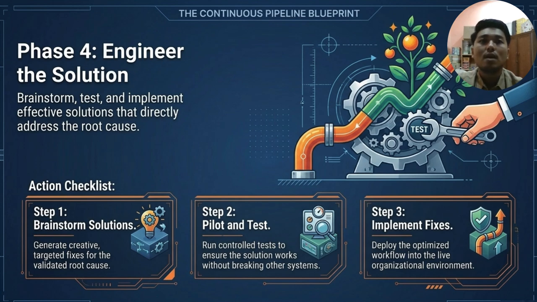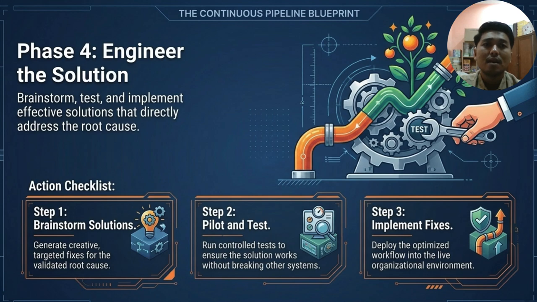Once the root cause has been identified, solutions can be developed. The improve phase focuses on generating ideas, testing alternatives, and implementing the most effective solution. Rather than making immediate large-scale changes, organizations often conduct pilot testing first.